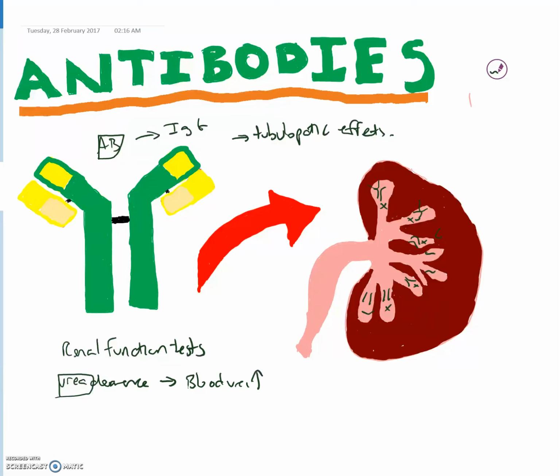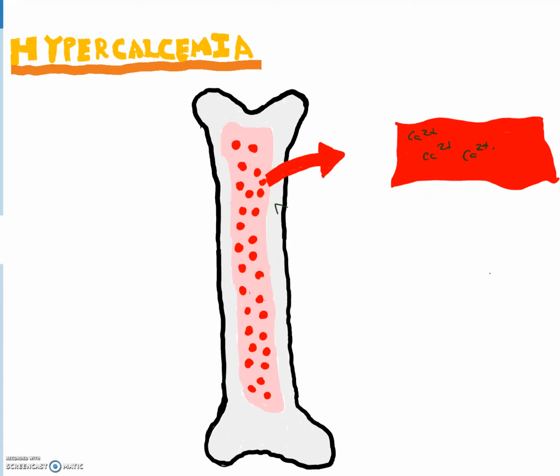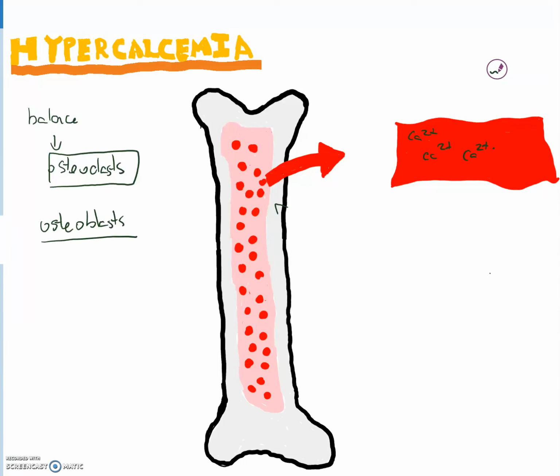Next, we'll address the C in CRAB, which is the hypercalcemia. Now in multiple myeloma, in normal bone, there's a balance between the osteoclasts, which break down bone, and the osteoblasts, which build up bone.